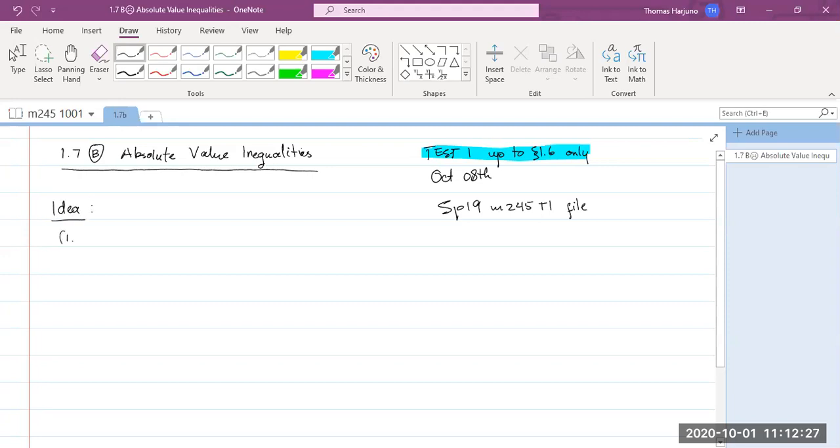The first one is the absolute value of blah less than or less than or equal to a positive number c.